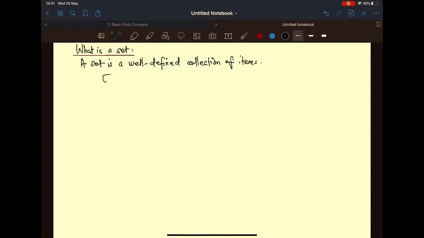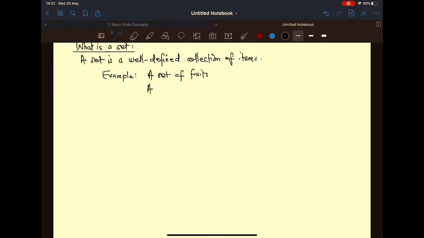So for example, we can have a set of fruits, or a set of natural numbers. The definition of this collection is natural numbers, so it's well defined, and we know the elements that form part of the natural numbers.